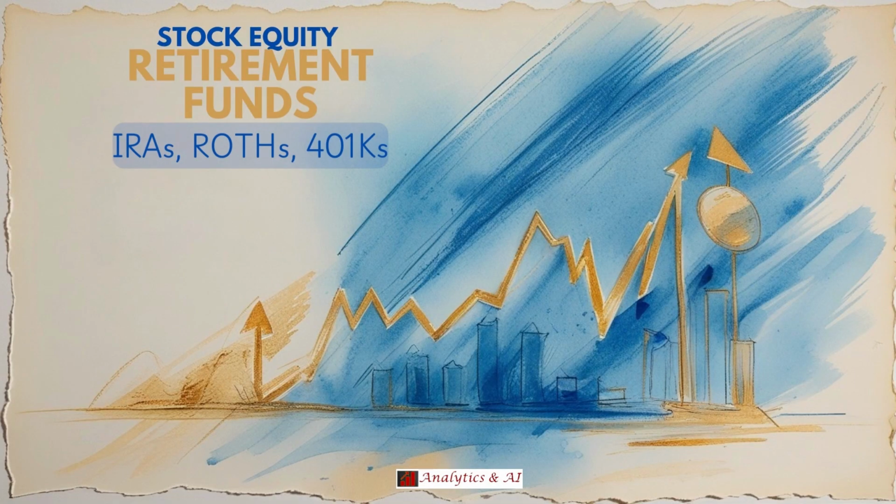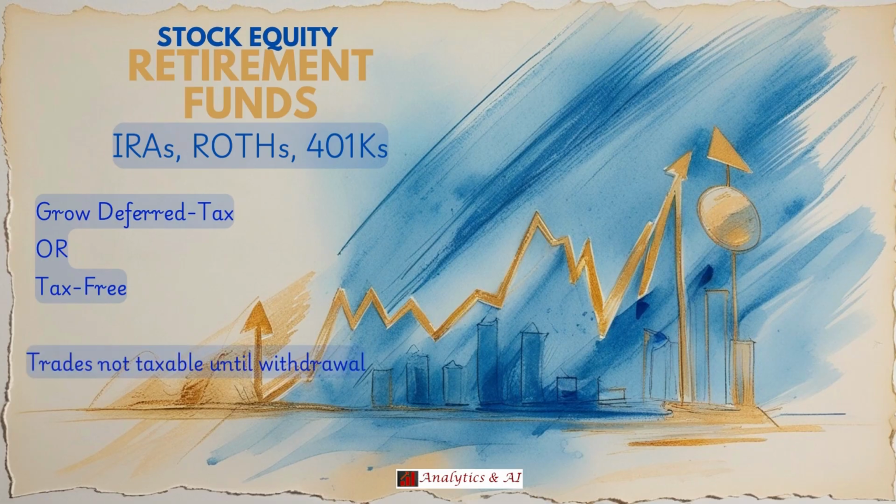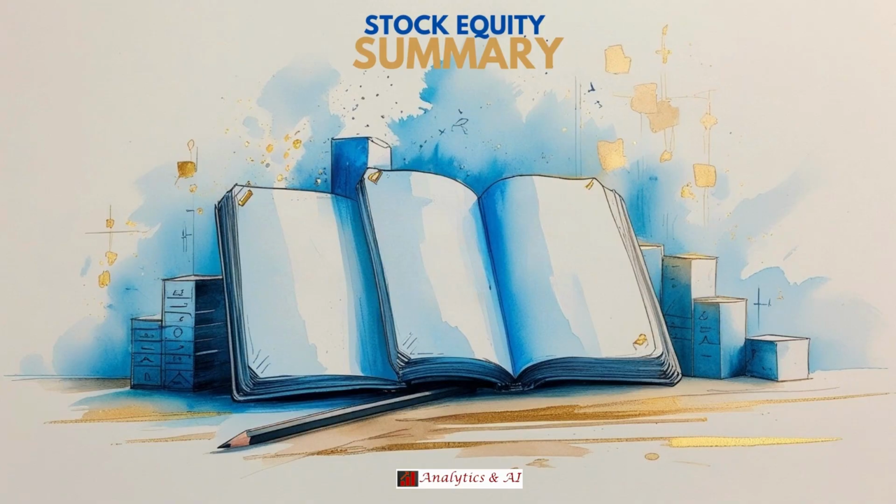Stocks inside IRAs, Roths, or 401(k)s grow tax-deferred or tax-free. Trades are not taxable until withdrawal. Trades in Roth accounts are generally tax-free on qualified distributions. This can dramatically grow long-term wealth. To summarize, there are two main tax buckets for stock equity investing.